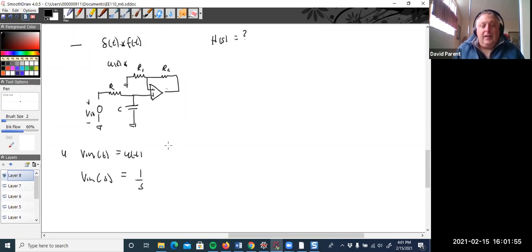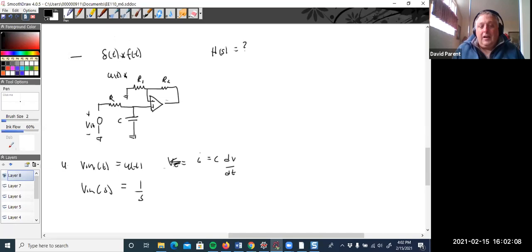If the current through a capacitor is the capacitance times its derivative, yep, H(s) is the transfer function.